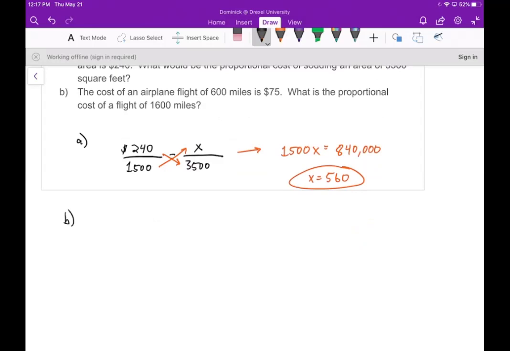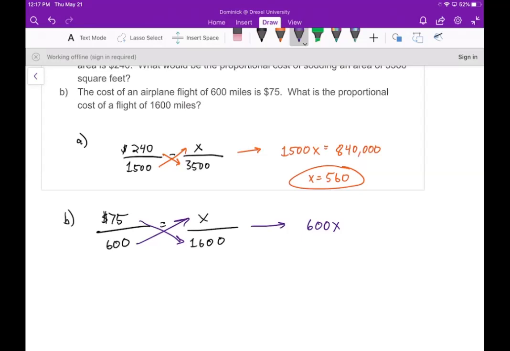Okay, and then finally, part B, we have that the cost of an airplane flight of 600 miles is $75. So we'll put cost over the miles again. And we want to know what is the proportional cost for a flight of 1,600 miles. So again, we'll cross multiply, and we'll get 600x is equal to 75 times 1,600, which will give us 120,000.